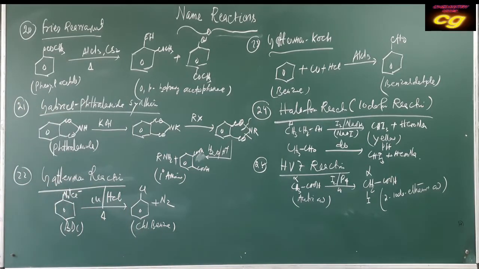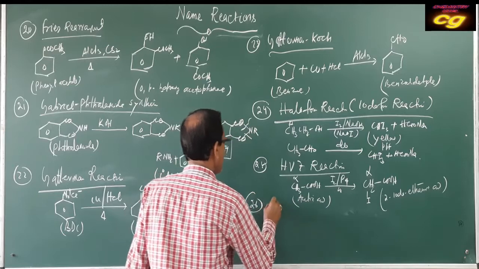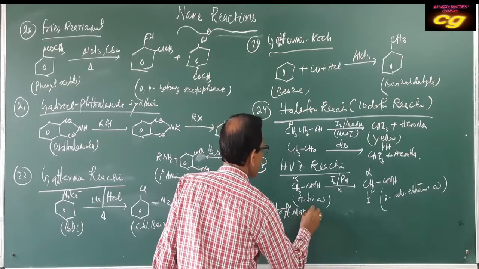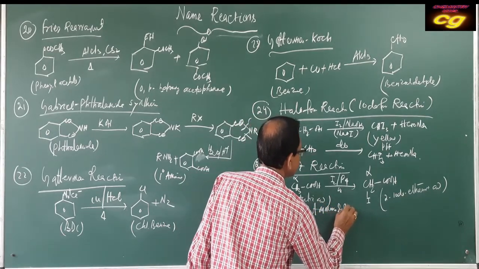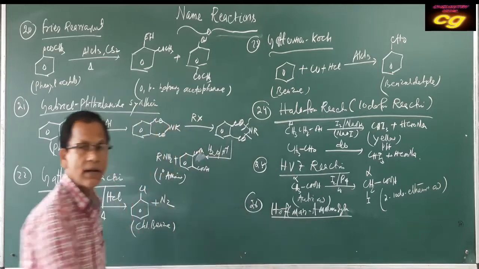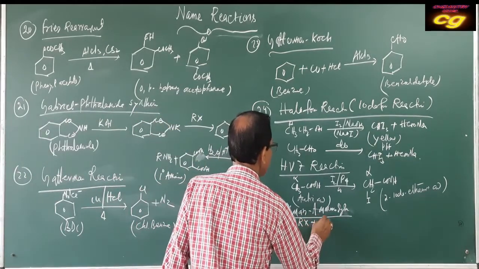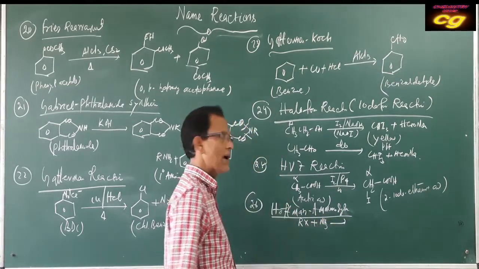Then Hofmann ammonolysis, that is also important. Hofmann ammonolysis. Suppose you take haloalkane in presence of ammonia, it produces substituted amine.